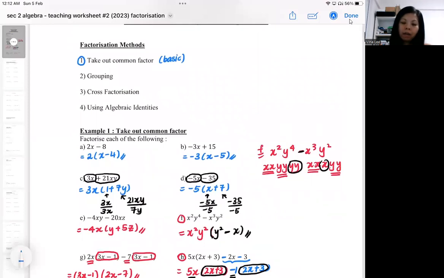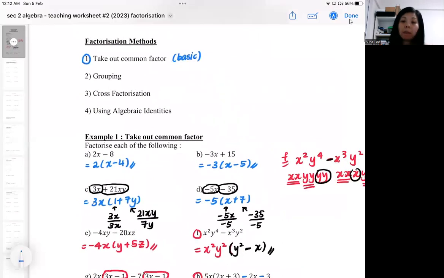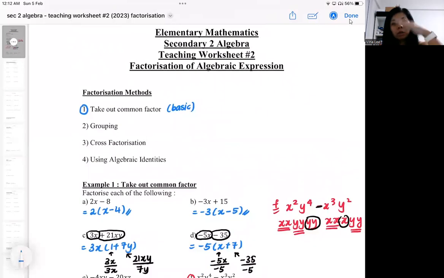In a full exam factorization question, they can mix all the four methods. That means in one single question, you may be using three methods. It won't be just one method of factorization.